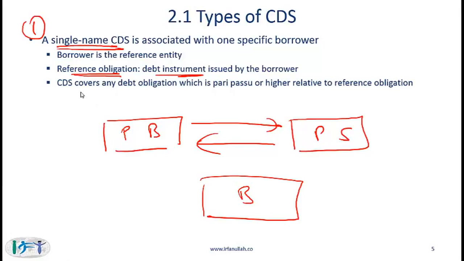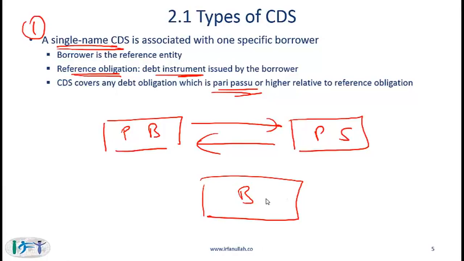Also note that the CDS would cover any debt obligation which is pari passu, and this is a term that we see in fixed income securities. Pari passu means at the same level. More specifically, it means bonds which are ranked equally in priority of claims.